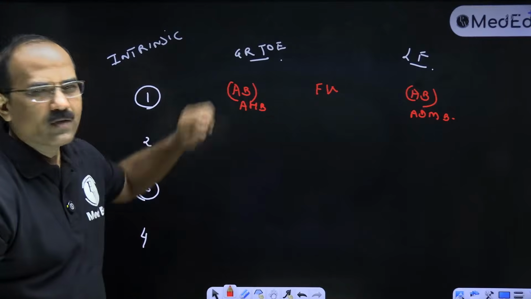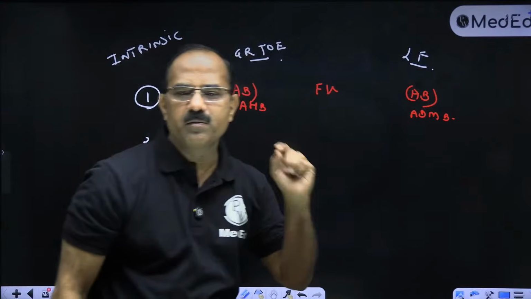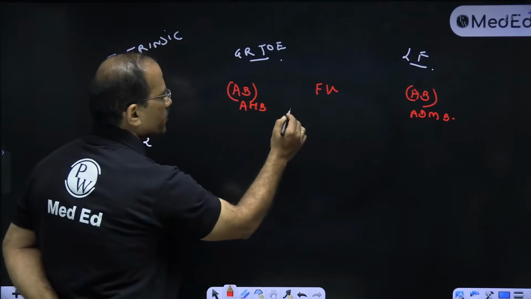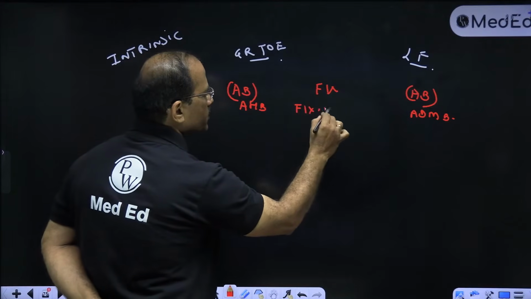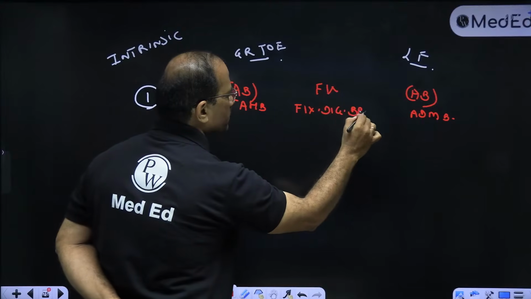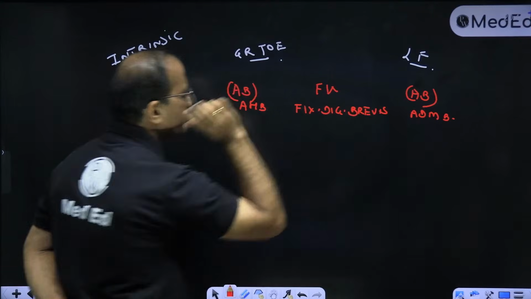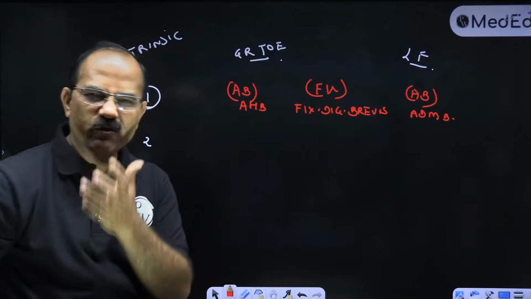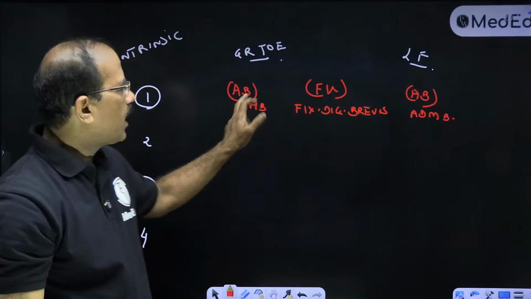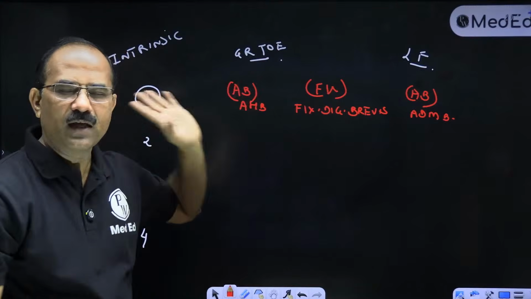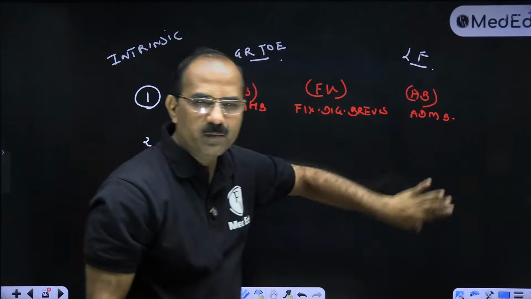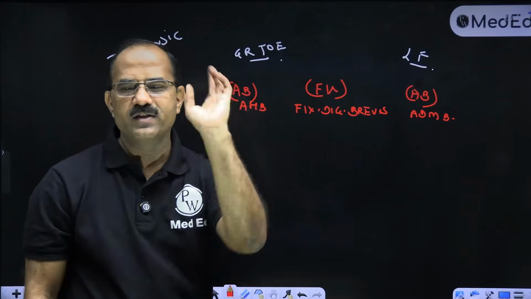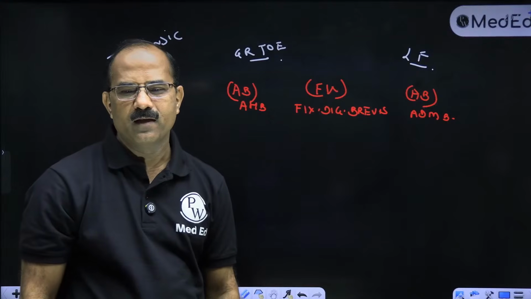So abductor hallucis brevis, abductor digiti minimi brevis, and what will be in the middle? This is the flexor digitorum brevis. So how will you remember? Abductor, flexor in the middle. Small muscles. Abductor hallucis, great toe is hallux, hallucis brevis, abductor digiti minimi brevis, flexor digitorum brevis. First layer. Fab.